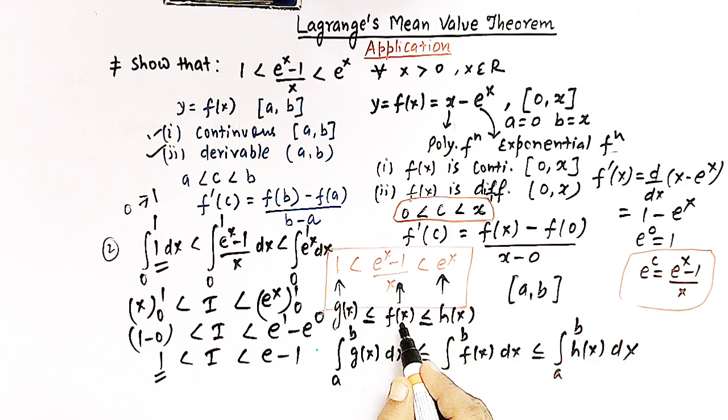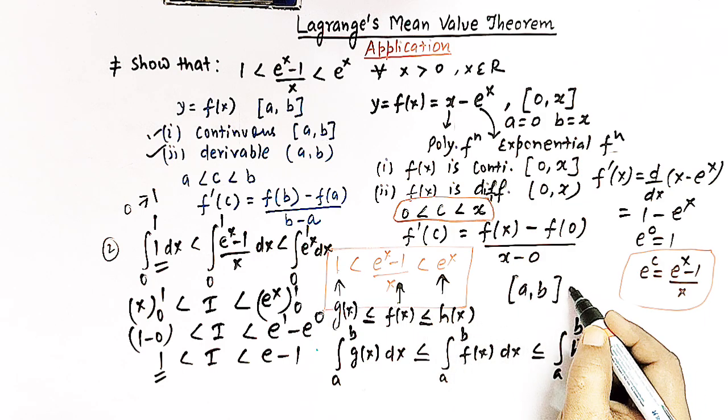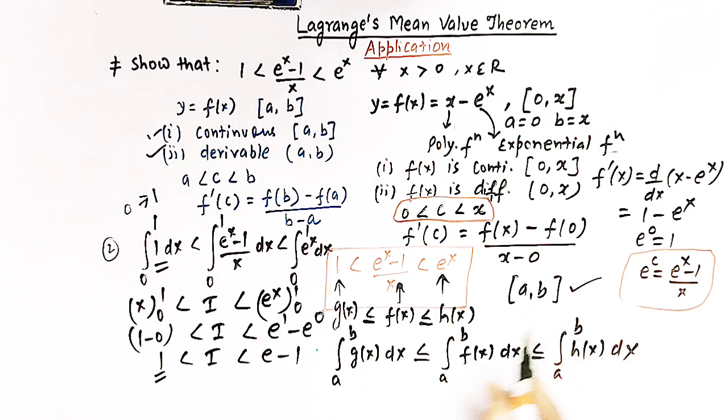So if we have three continuous and differentiable functions such that g of x is less than or equal to f of x, which is less than or equal to h of x in some interval a comma b, then the area bounded by g of x is less than or equal to the area bounded by f of x, and which is further less than or equal to the area bounded by h of x.